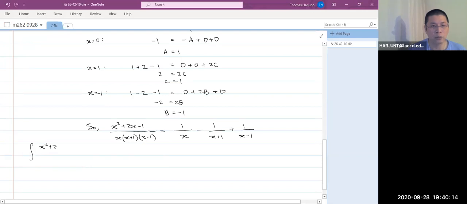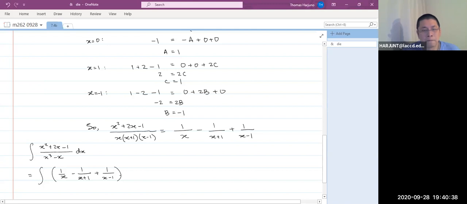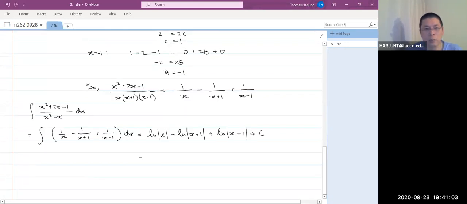Integral of x squared plus 2x minus 1 over x cubed minus x dx, that's equal to integral of 1 over x minus 1 over x plus 1 plus 1 over x minus 1 dx, which then gives us natural log of absolute value of x minus natural log of absolute value of x plus 1 plus natural log of absolute value of x minus 1 plus constant, which I believe we can combine together to become natural log of the absolute value of x times x minus 1 over x plus 1.